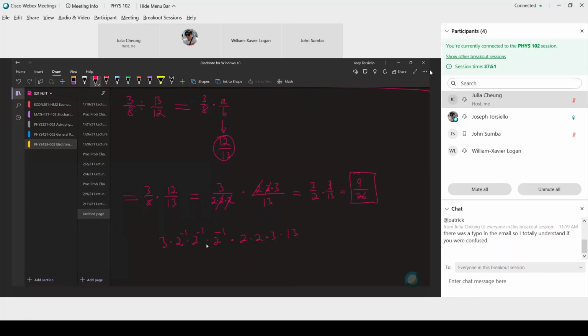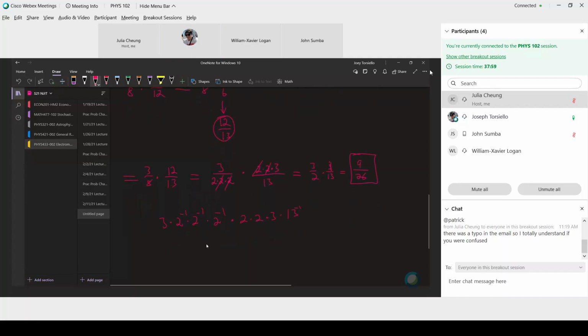And did I forget something? Oh yeah, here we go. And the power to the -1 just means it's a fraction. So 2 times 2 to the -1 is equal to 1.